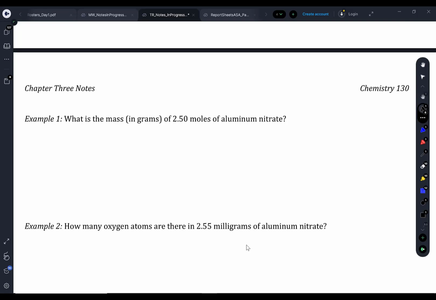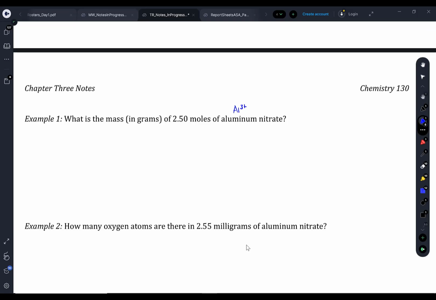Before we go anywhere, what do we need? Before we can do anything, what do we need to do first? Yes, we have the name, so we have to get the formula. I'm going to show my work here. What is the formula of the aluminum ion? Aluminum 3 plus, right? And what's the formula of the nitrate ion?